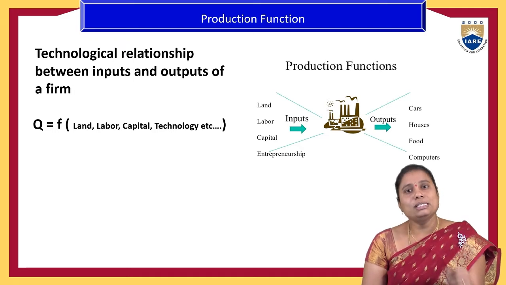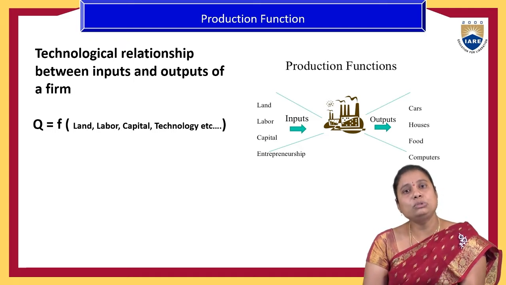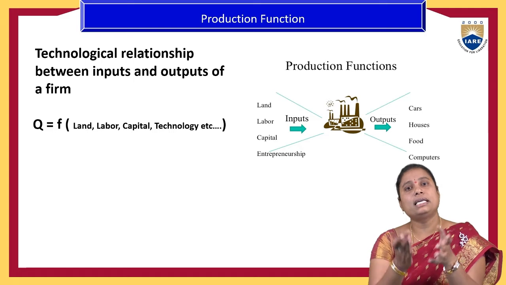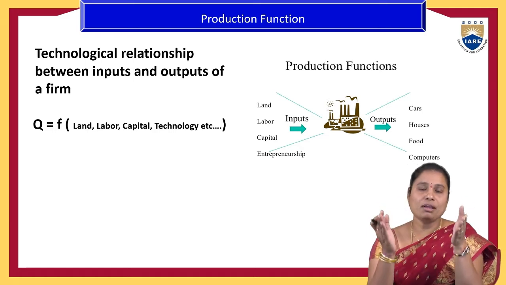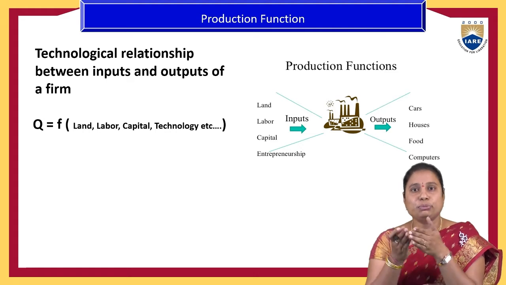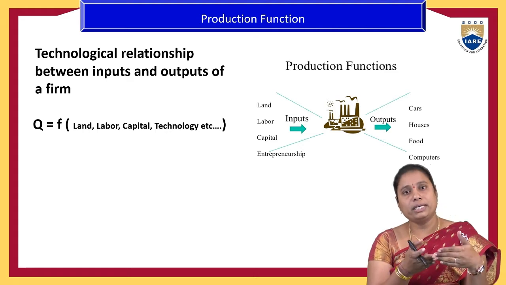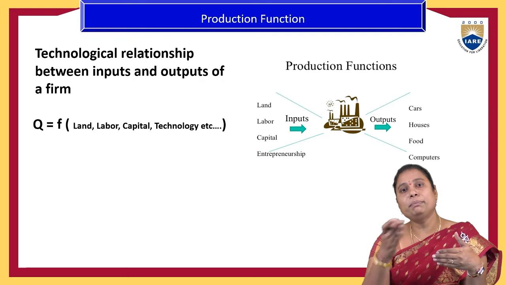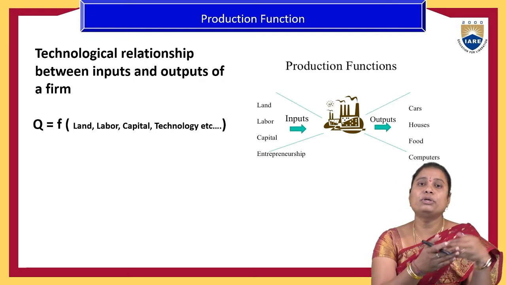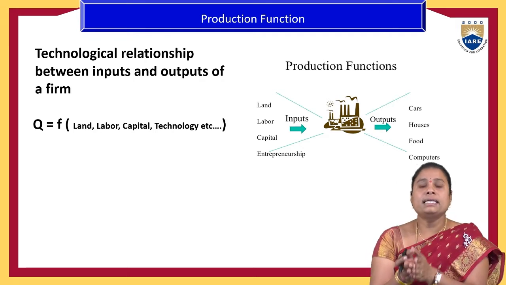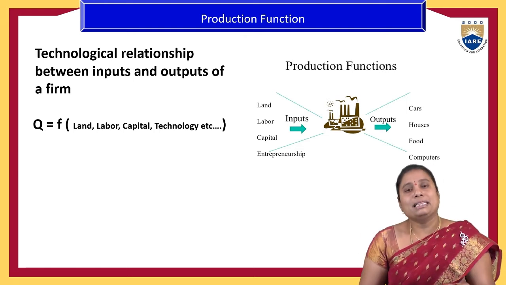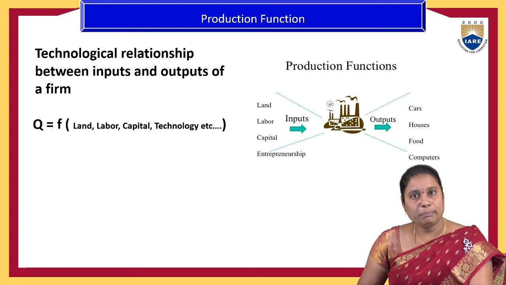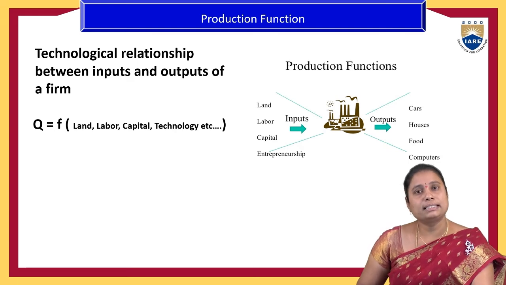While producing, he has to create a relationship between the inputs and the output. That is, what the product is, what kind of inputs are used to produce it, and the relationship between those inputs and the output.